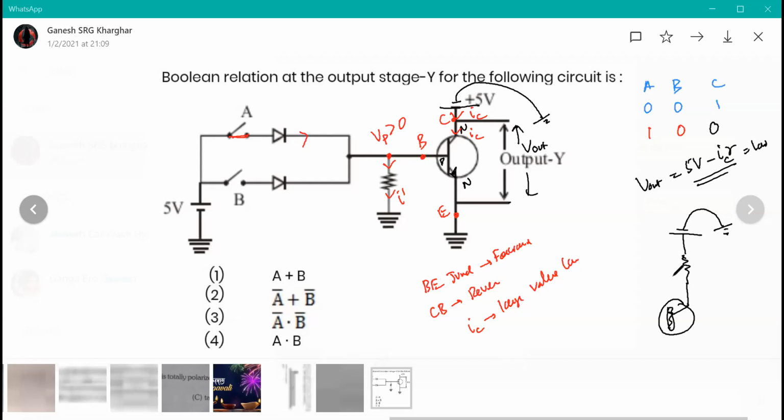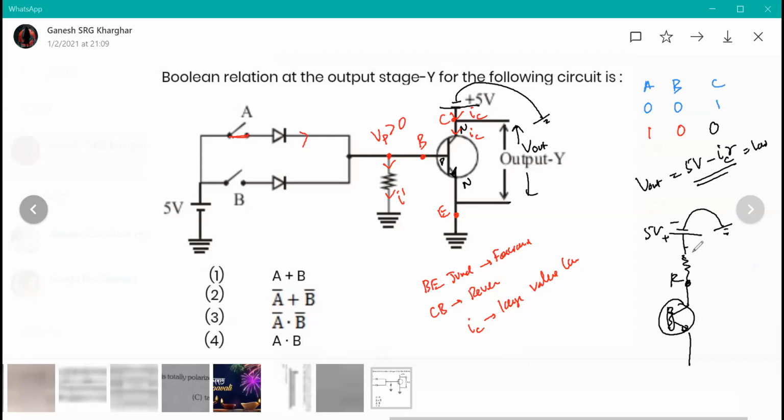Okay, so then it would have been easy to understand that this point's voltage is the output voltage, not that point. Okay, but in the absence of that resistor shown, we have to actually do this.